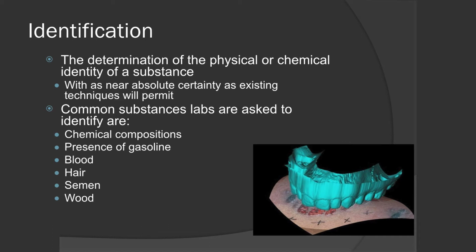It may be asked to identify gasoline residue recovered from the debris of a fire, or it may be asked to identify the nature of an explosive residue, dynamite, TNT, things like that. Or it could be just to identify blood, semen, hair, or wood, or even just to determine, hey, is this human or is it animal?